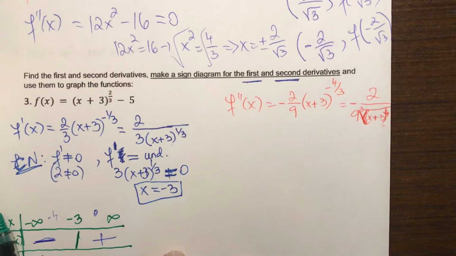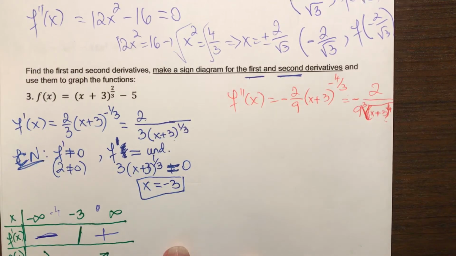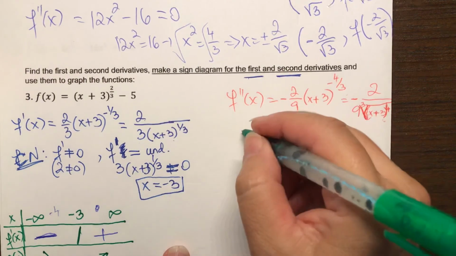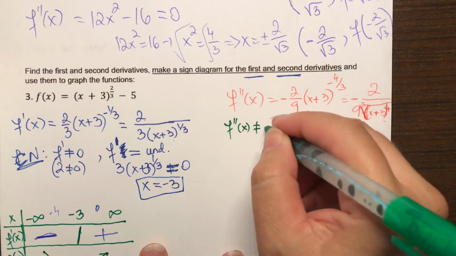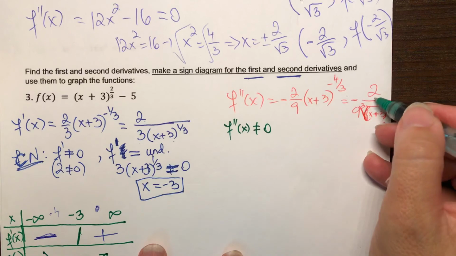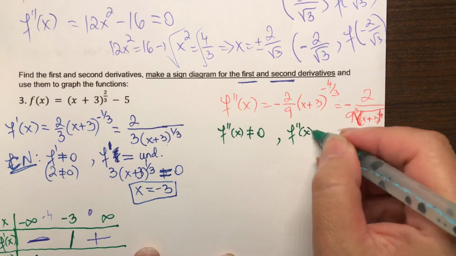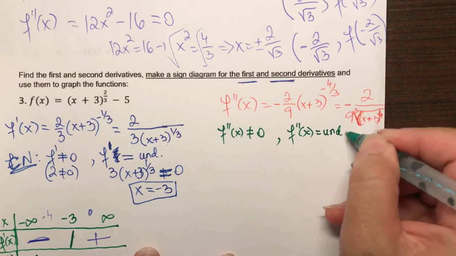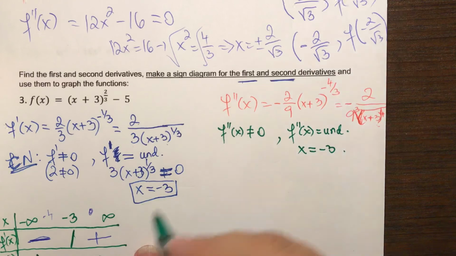So when I make my sign diagram, I'm going to show you, okay, so one more time, where are the possible inflection points? Again, the second derivative is never going to be 0. Why? Because the top is not going to be 0. But the second derivative is going to be undefined at the same place where the first derivative was undefined. Remember what I said?